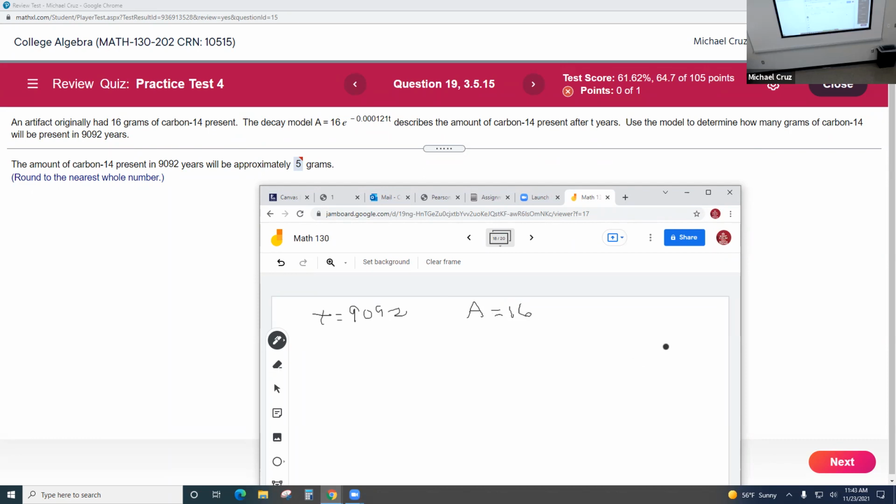Okay, so that's the 2 values that I got. Do you see any discrepancy? Did I write them down right? So the t years is 9,092. The amount that we start with is 16.